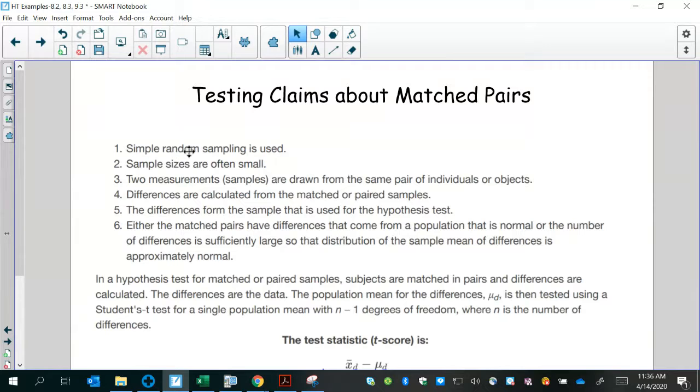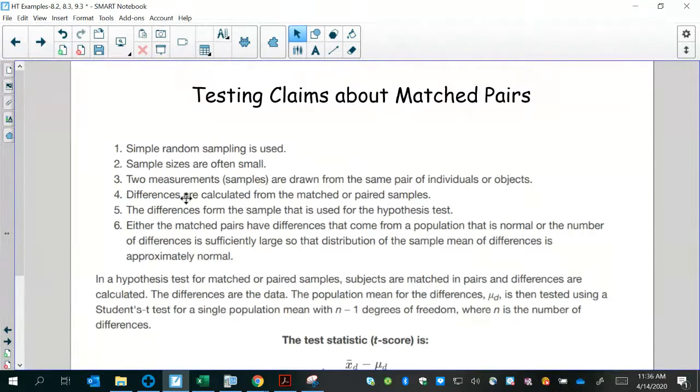First of all, of course, we always assume a simple random sample. Two, sample sizes are often small. And if they're small, then we might need to use the t-distribution. Three, two measurements or samples are drawn from the same pair of individuals or objects. That's what makes this paired data.